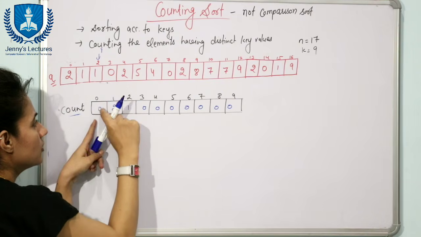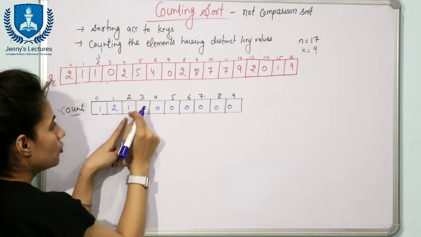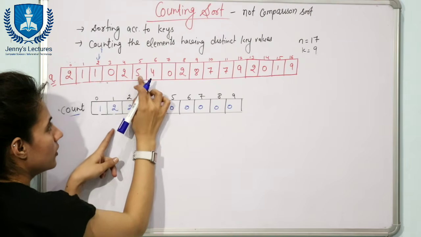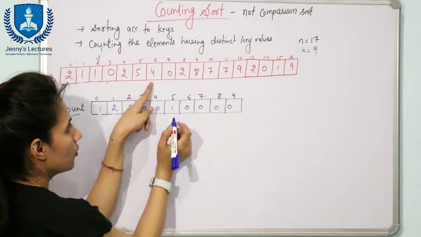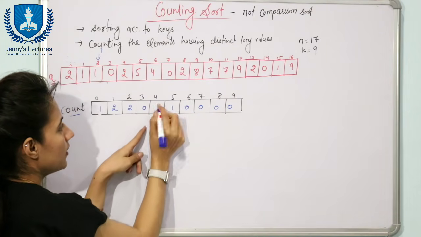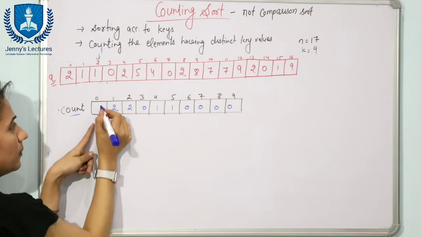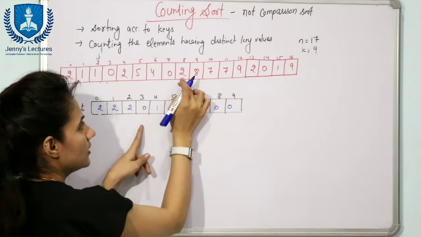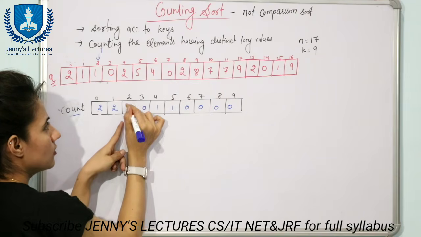Go to the 0th index, increment this value to 1. Next is 2. Go to the index 2, increment this value, that is 2. Next is 5. Go to the index 5, increment this value. Next is 4. Go to the 4th index, increment this value. Next is 0. Go to the 0th index and increment this value to 2. Next is 2. Go to index 2 and increment this value, that is 3.